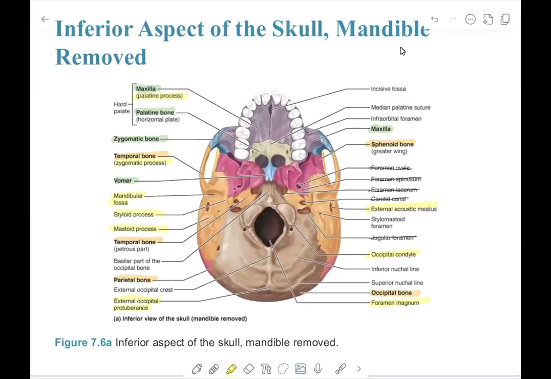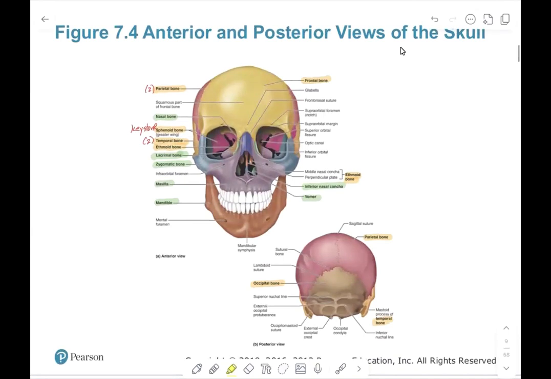So for lecture, I could ask you what bones those are located on. And for this one, we have the mental foramen, infraorbital foramen, supraorbital foramen, the optic canal, the middle nasal concha, and the perpendicular plate, as well as the lambdoid suture, the occipital condyle, and sagittal suture.